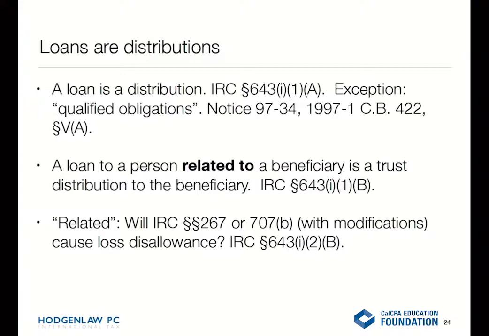Further, if you have a loan to a person related to a beneficiary, that loan could be treated as a trust distribution to the beneficiary. And for the related party rules, you look at Section 267 and 707(b) for who counts as a related party.